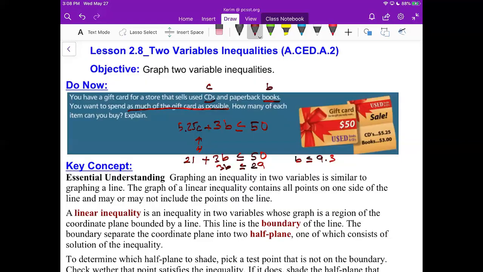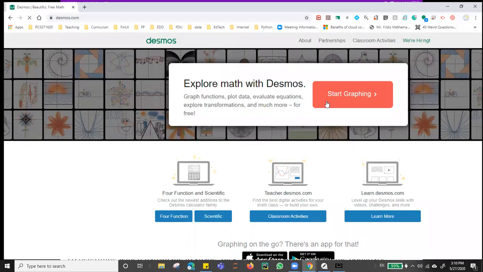So let me go and bring my graphing calculator to the screen. Let's use Desmos, which is the easiest one that I can use right now.